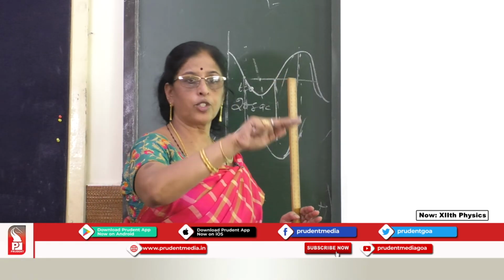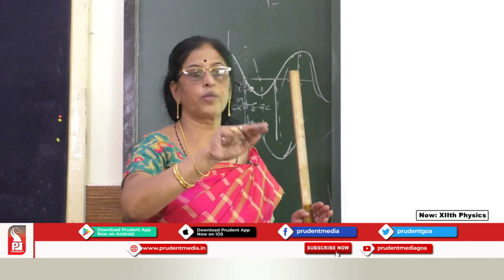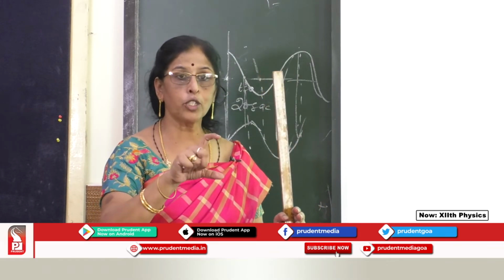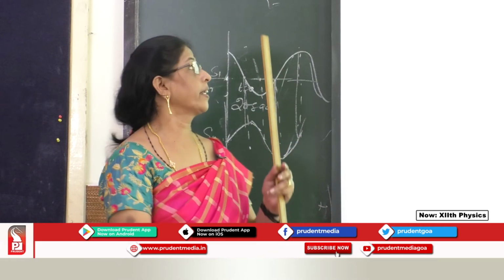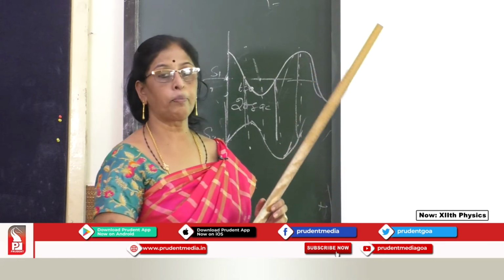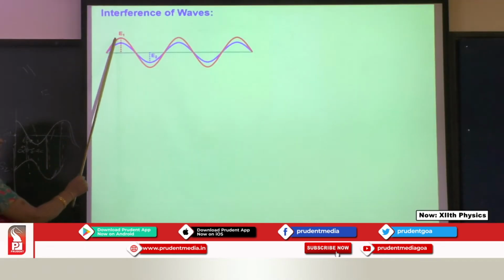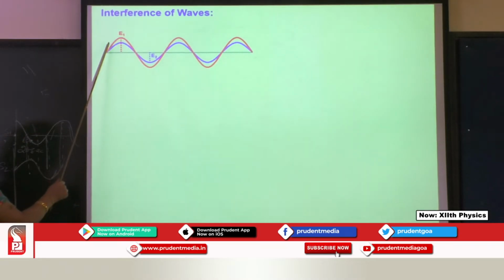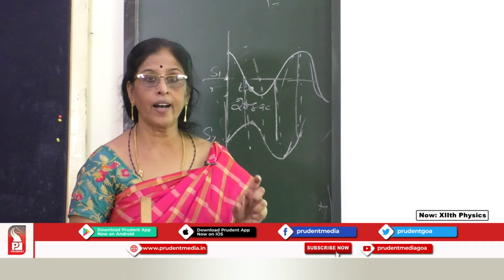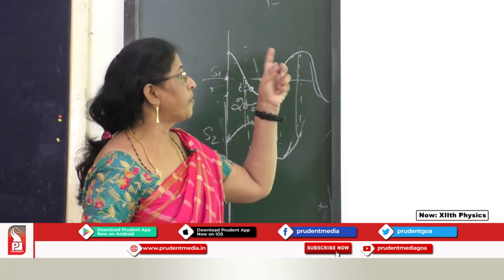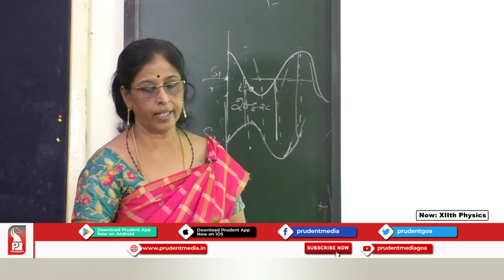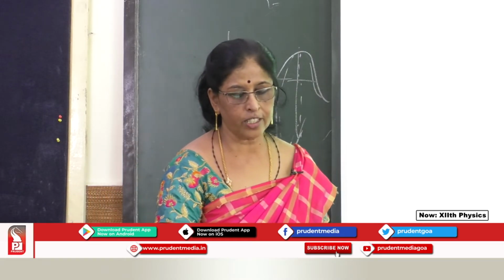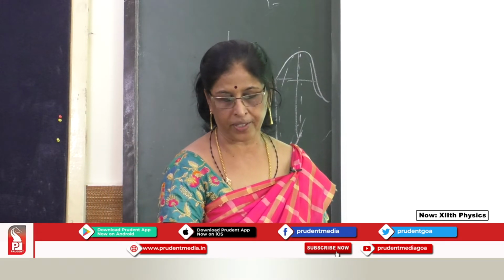Then the amplitudes add up together and give a resultant. Suppose a crest of one wave meets the trough of another wave, then the resultant wave will have an amplitude that is the difference of the two. Okay. So that is what we have, constructive and destructive interference.